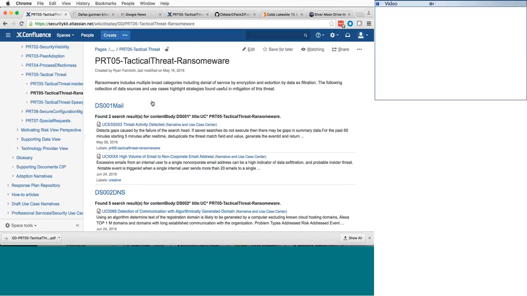And the idea is to take the broader threat and address what data sources should you be looking at, and what are you going to see in those data sources, and how will those data sources help you to mitigate this risk.